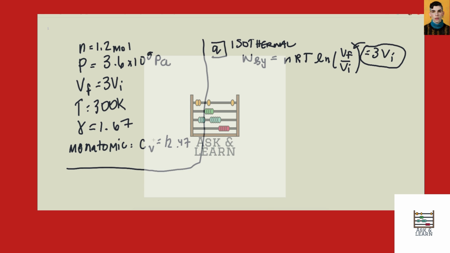Oh, I forgot my R. Let's get my R in there: 8.31. I'm just going to double check that. Yes, 8.31. Let me put that in my box. So joules per mole Kelvin.